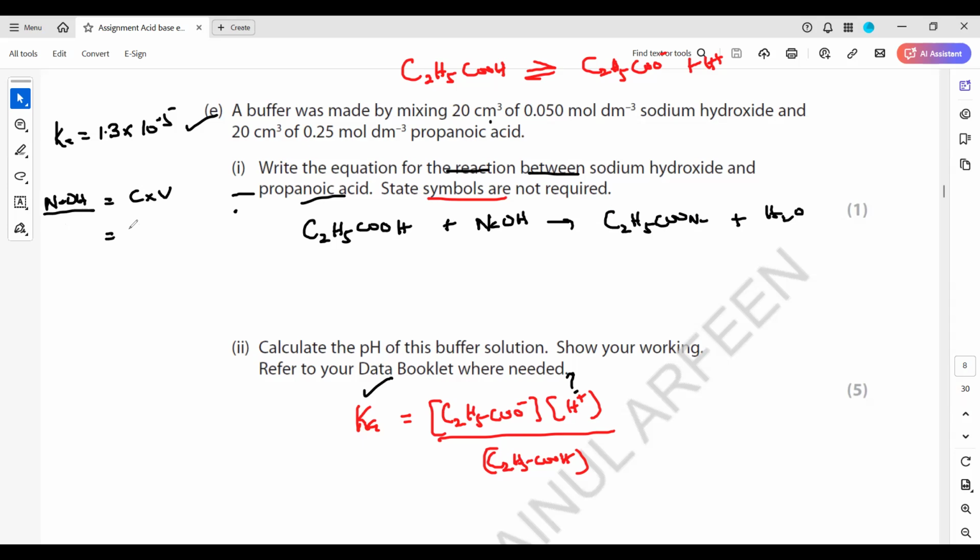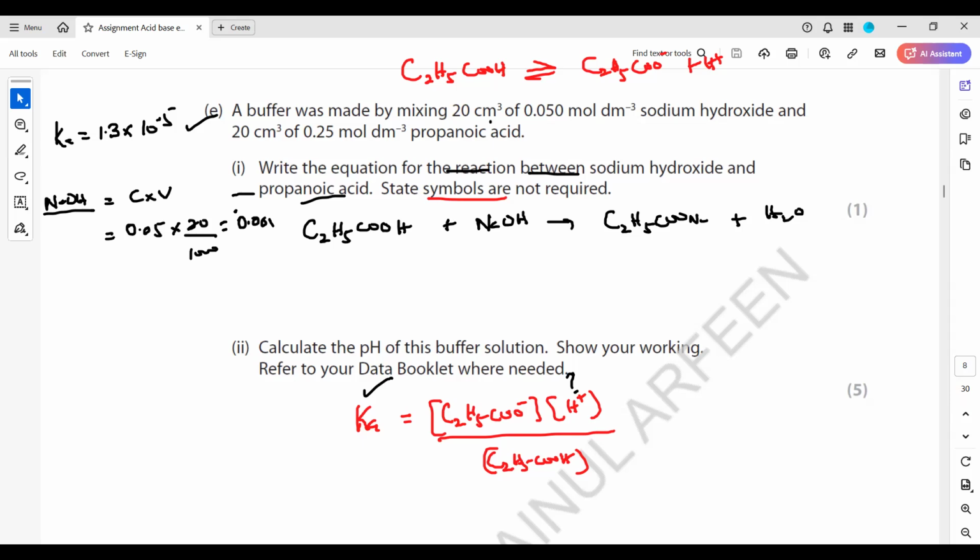The concentration is 0.05 and the volume is 20 divided by 1000. So how many moles of sodium hydroxide are there? 0.05 times 20 divided by 1000. 0.001. Okay. So it is 0.001 moles are there for sodium hydroxide.